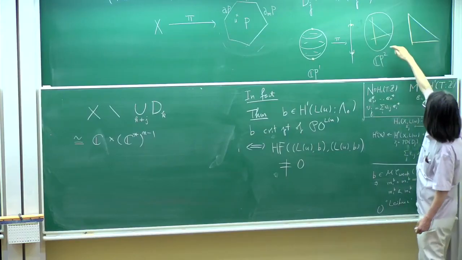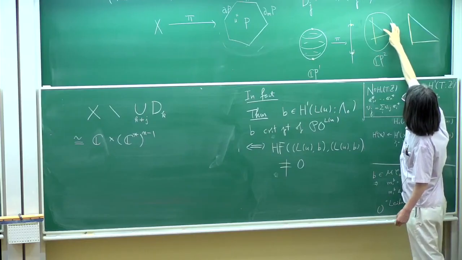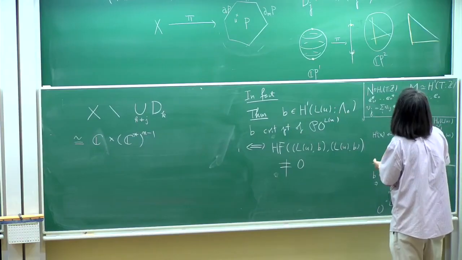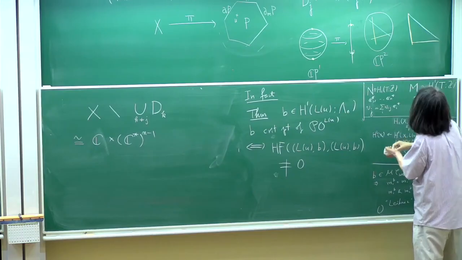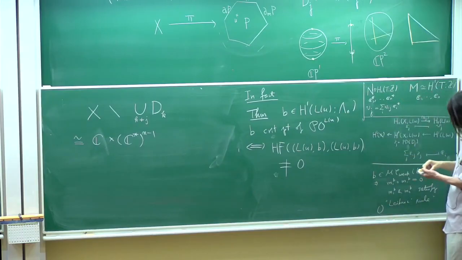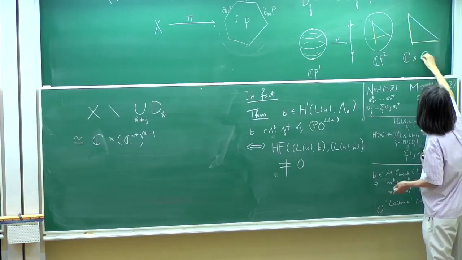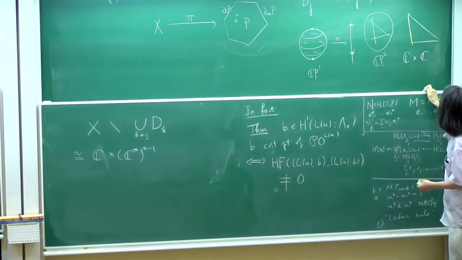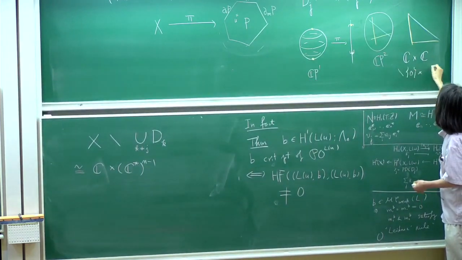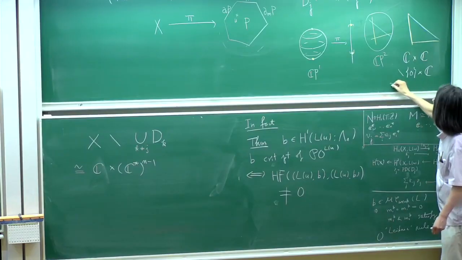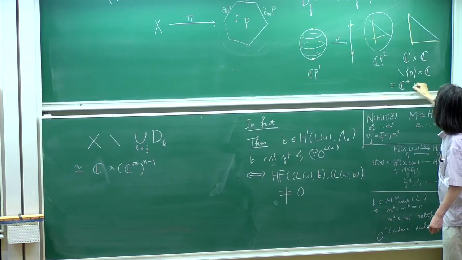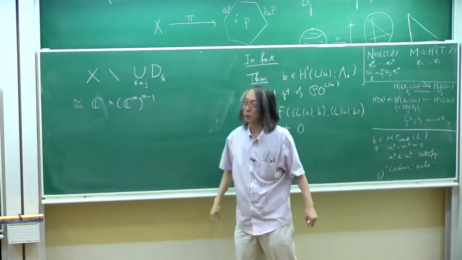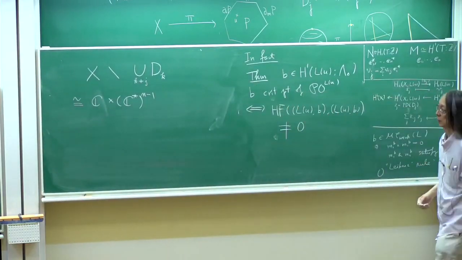So if you remove this blue one, then certainly you have C times C, right? And then you remove one of the axes, so that may be 0 times C or something, right? And this is certainly C star times C. Right? So this one is always written in this way, because it's a toric manifold.